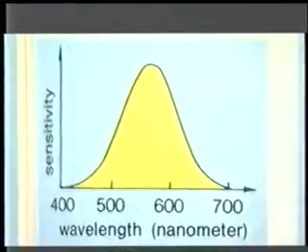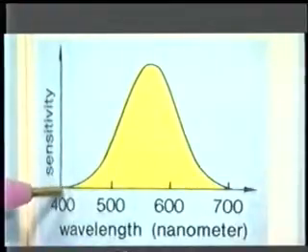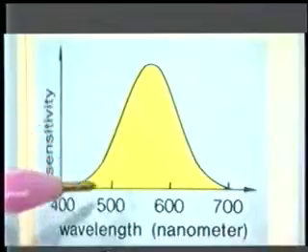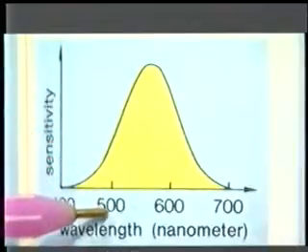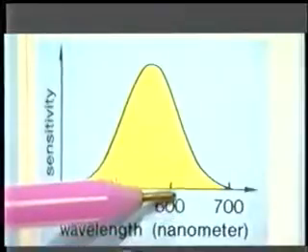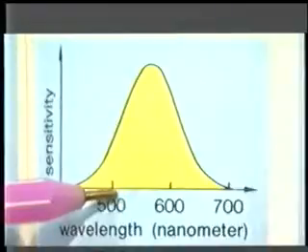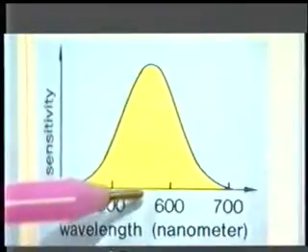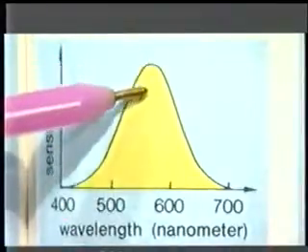Here in this figure of the color sensitivity of the human eye chart, the sensitivity of the human eye is maximum for 500 nanometer to 600 nanometer, and this is the region of green color. Therefore, the human eye is more sensitive to green color.